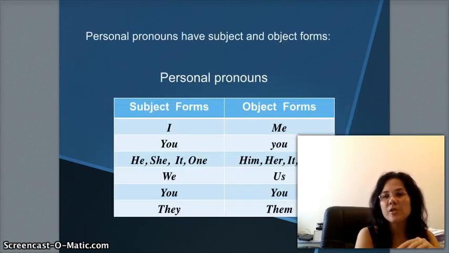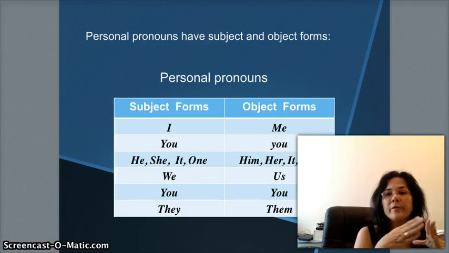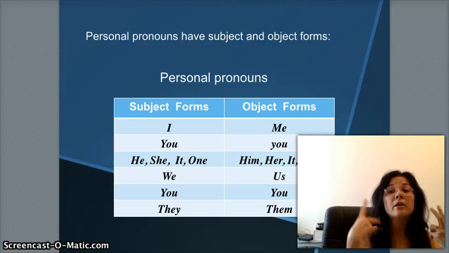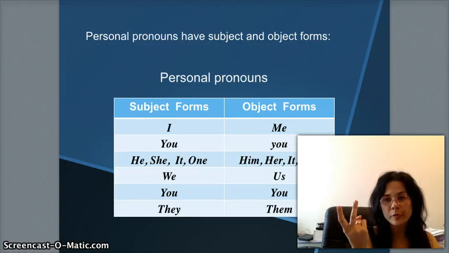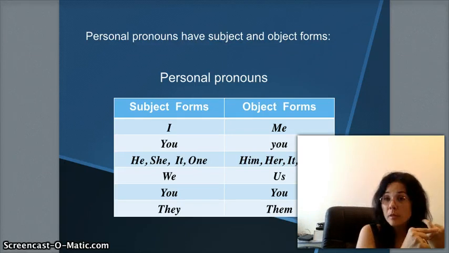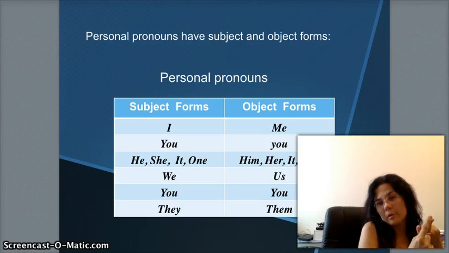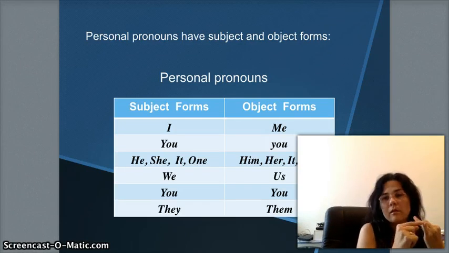So let's consider now personal pronouns. When you think about personal pronouns, we have to consider that there are 2 different forms: the subject pronouns and the object pronouns, okay?